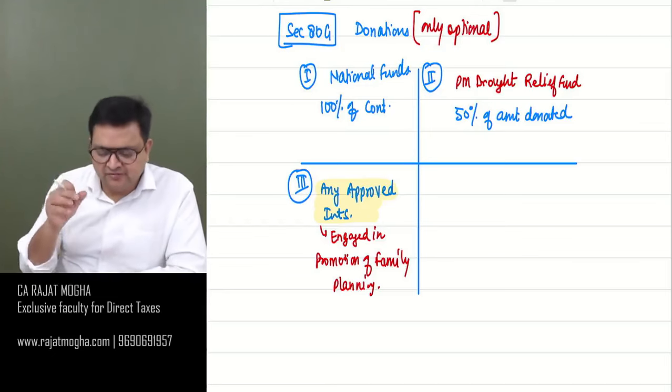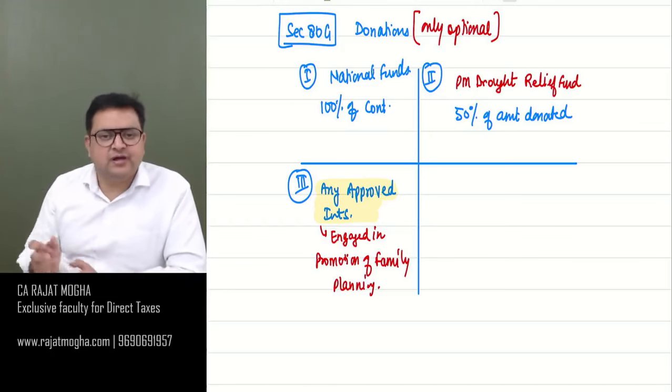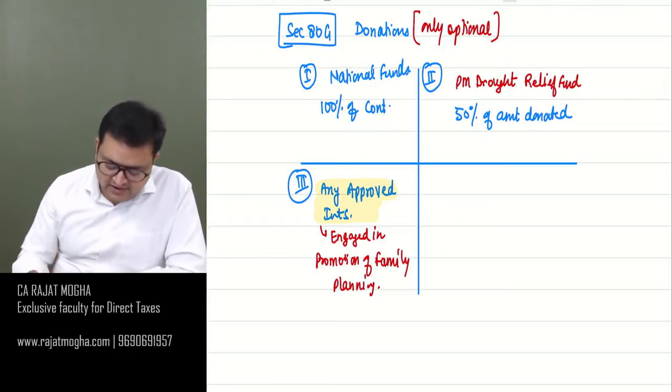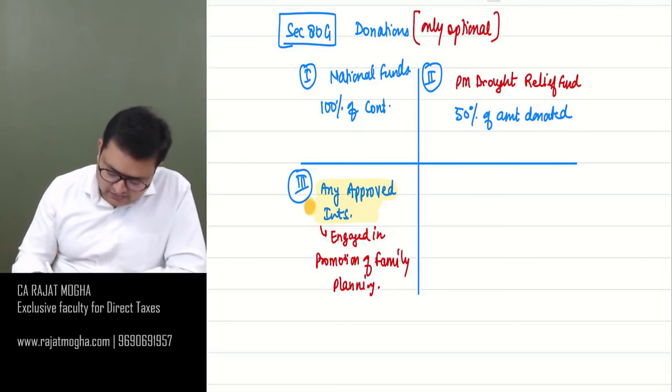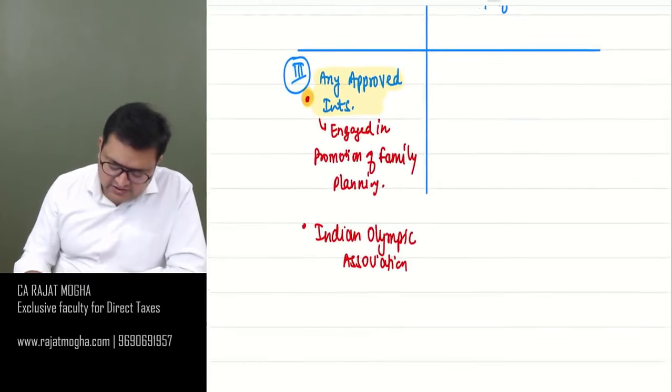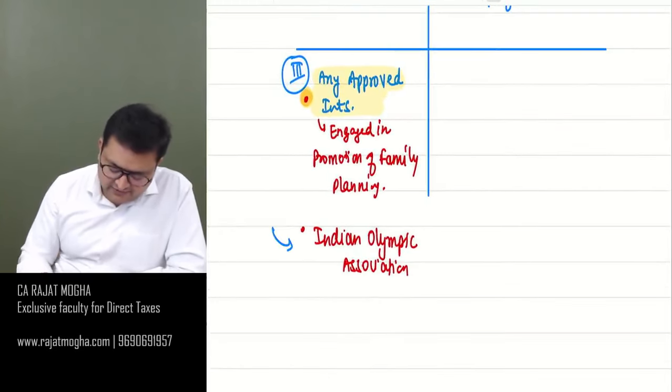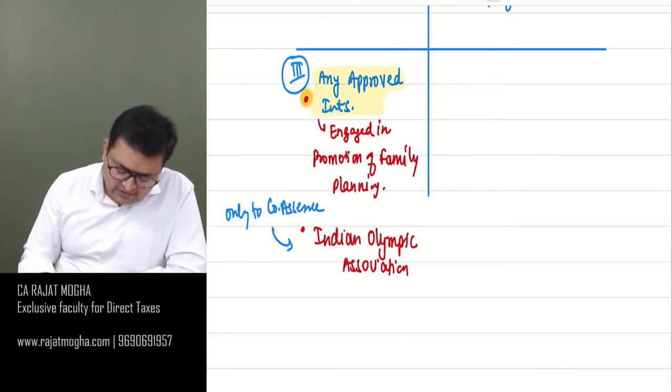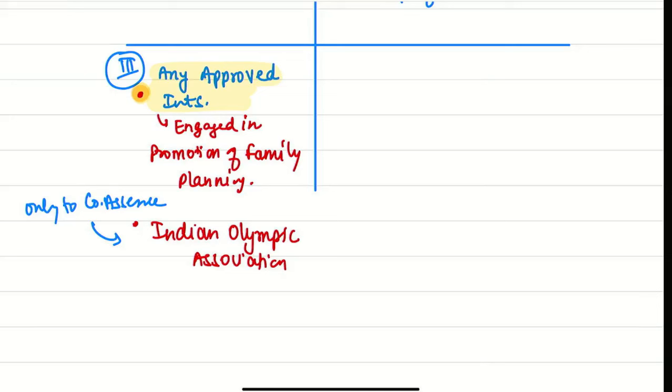There is one more, but that is not relevant because that is only for company assessees. I'm writing it: Indian Olympic Association. But this deduction is only for company assessees. So this is not important for your examination because generally you will get questions for individuals.